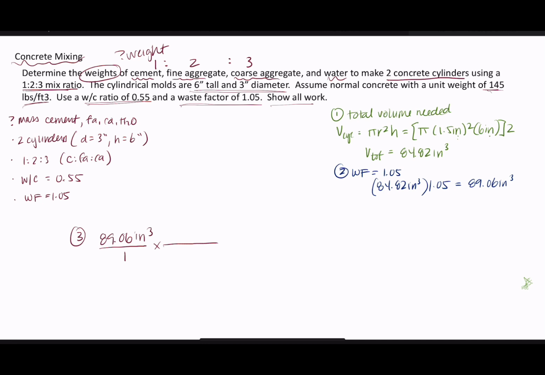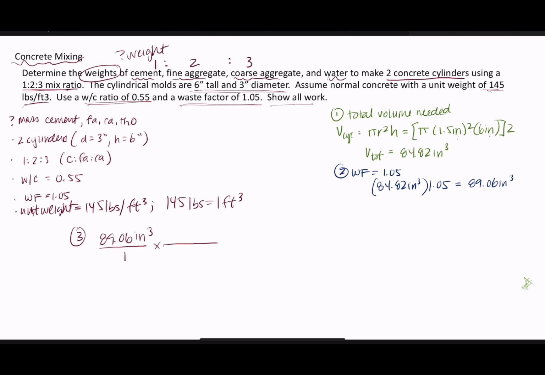Oh, I forgot to write down our unit weight. Unit weight is equal to 145 pounds per foot cubed. And every time we see that, we should think 145 pounds is equal to 1 foot cubed. It's a relationship, like density.